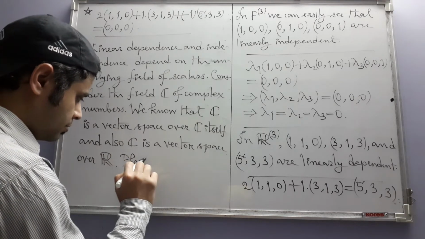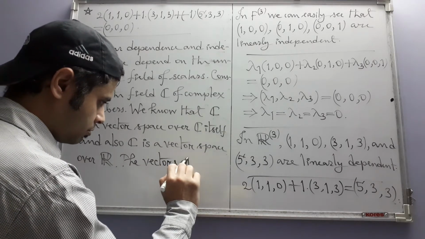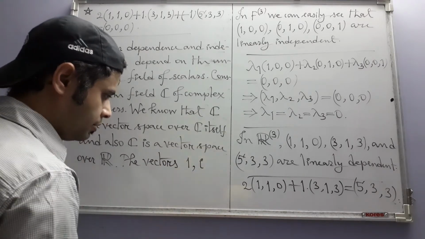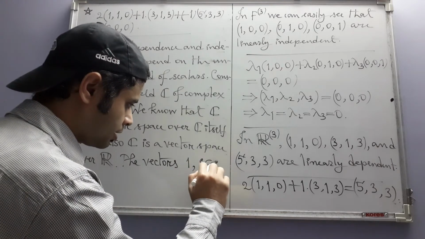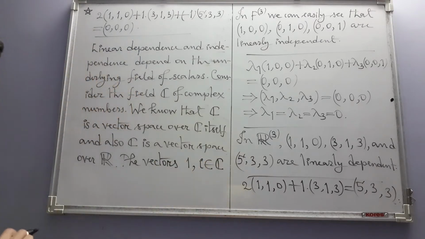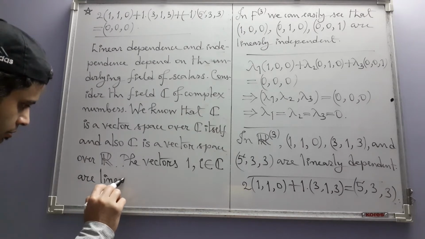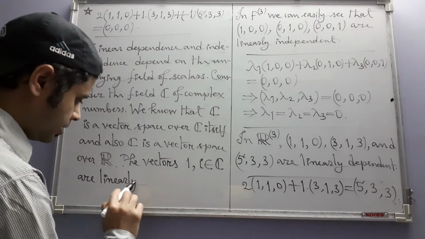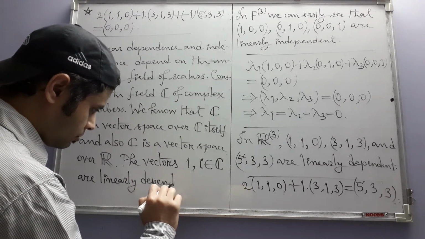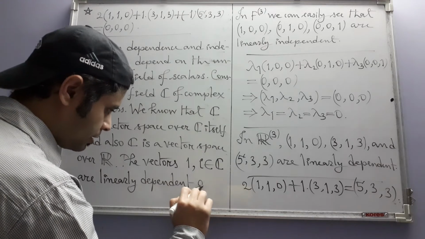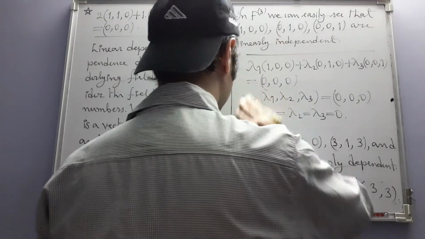The vectors 1 and i, this i is your imaginary unit, square root of -1, in C are linearly dependent over C but independent over R.